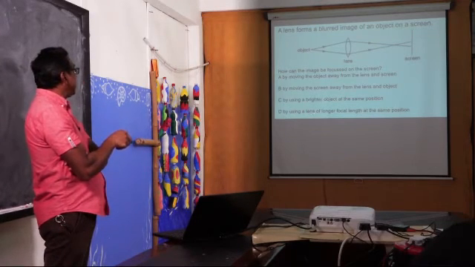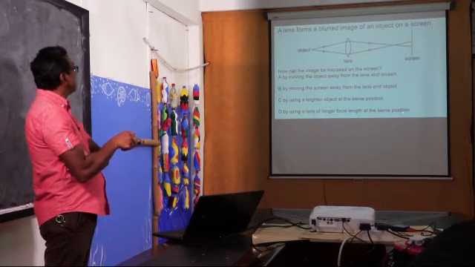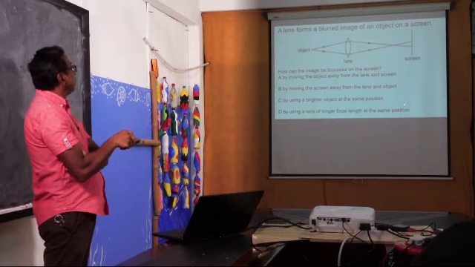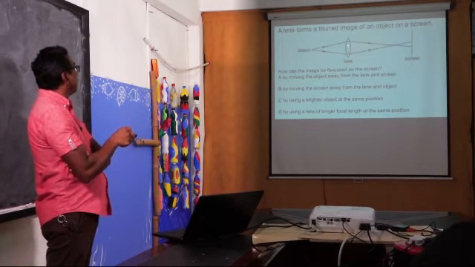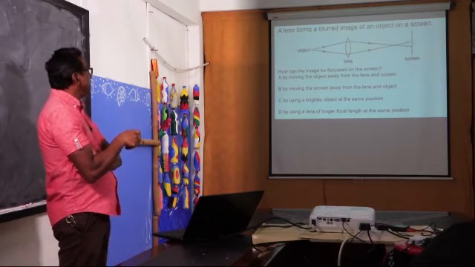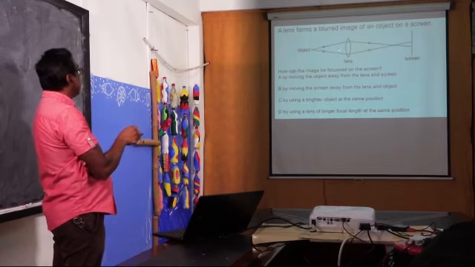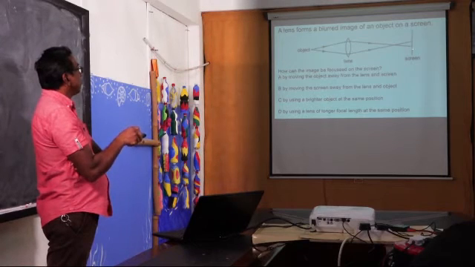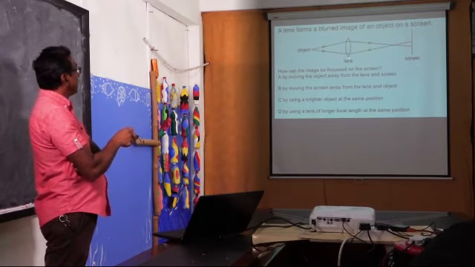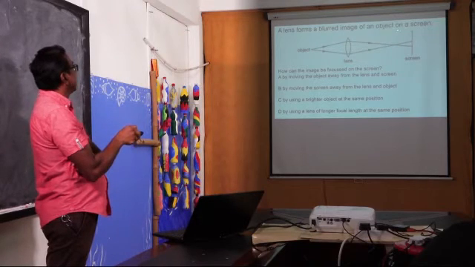By using a lens of longer focal length at the same position. So, if you use a lens of longer focal length, then you will be able to bring the object into focus on the screen, because here is the focal length.